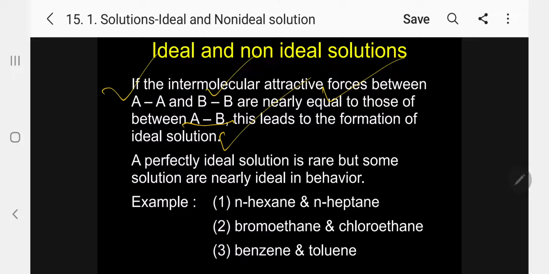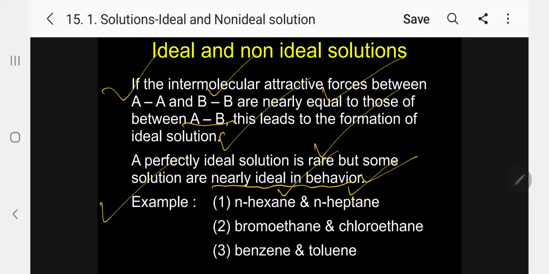A perfectly ideal solution is very, very rare, but some solutions are nearly ideal in behavior. Examples for ideal solutions: n-hexane and n-heptane. Kindly follow, they are hydrocarbons, n-hexane with 6 carbon atoms and n-heptane with 7 carbon atoms, linear chains. When they are mixed, delta H will be 0 and delta V will be 0.